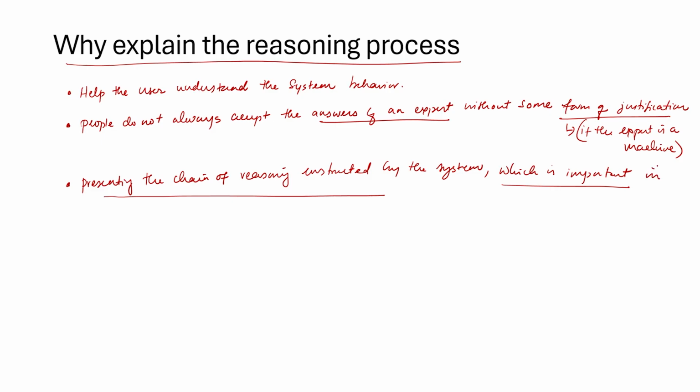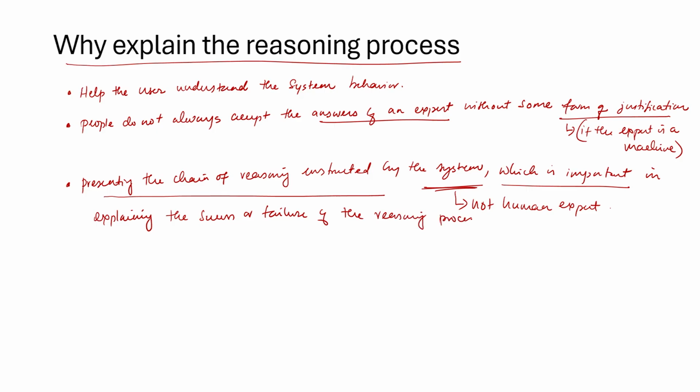It is important in explaining. So, presenting the chain of reasoning constructed by the system, this is because it is not a human expert, and this is important because in explaining the success or failure of the reasoning process, we have an issue trusting the machine.